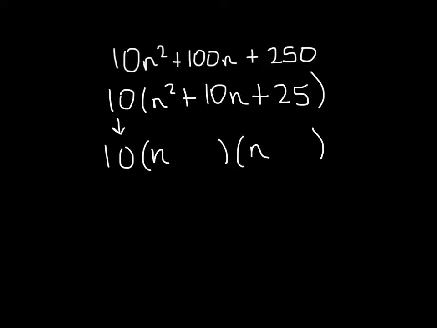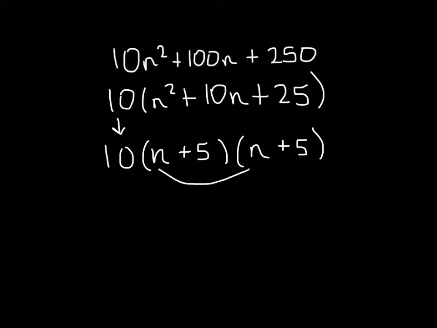But I know whatever number I'm going to put here and here, when multiplied together have to equal 25, and when added together have to equal 10. The only numbers that do that, the only factors that would do that, are the roots of 25, the square root. So 5 times 5 equals 25, and 5 plus 5 equals 10.